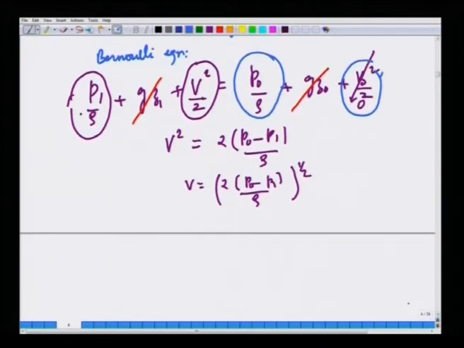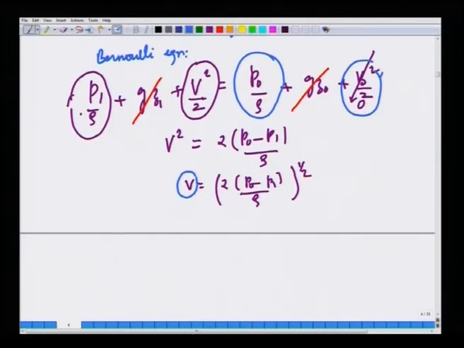So, if you measure the pressure at a stagnation point, and you measure the static pressure, which is the pressure in a flowing fluid, then that gives you the velocity at which you are measuring the static pressure.